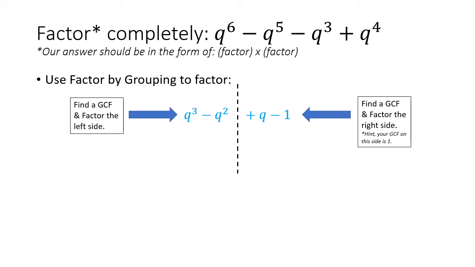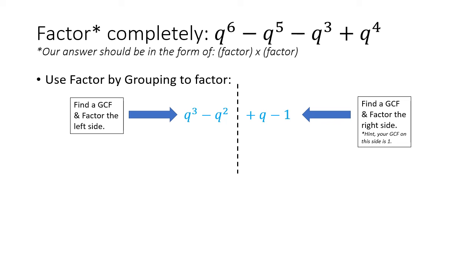I'm going to ignore the right side. And then once I'm done with that, I'm going to cover up the left side, and I'm going to find a GCF and factor the right side. Now, here's a hint. When you look at that right side where it just says q minus 1, there's really no GCF you can pull out of there, so your GCF on that side is just 1, which means you're just going to be left with q minus 1.